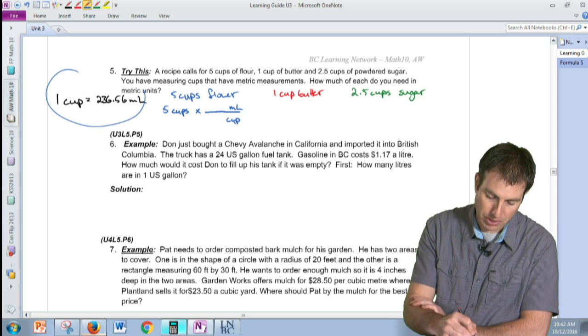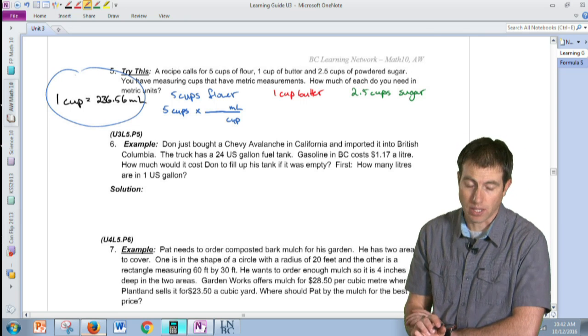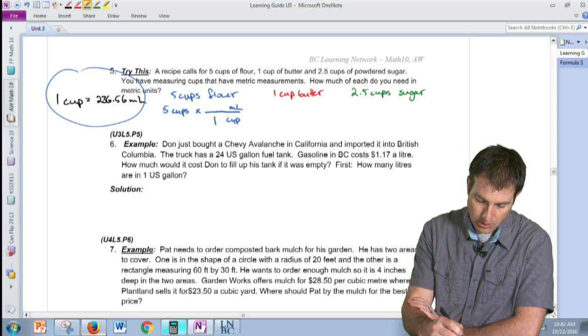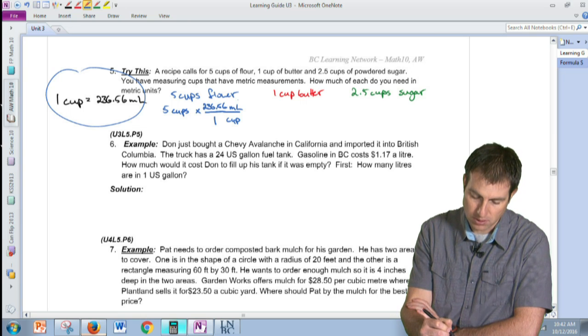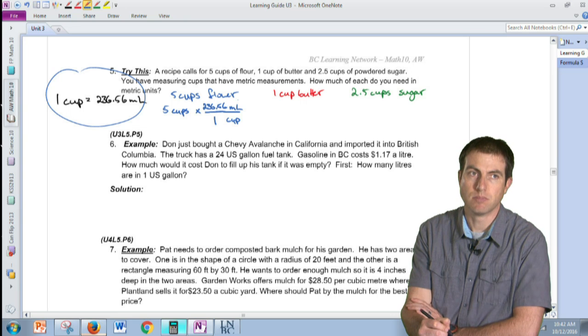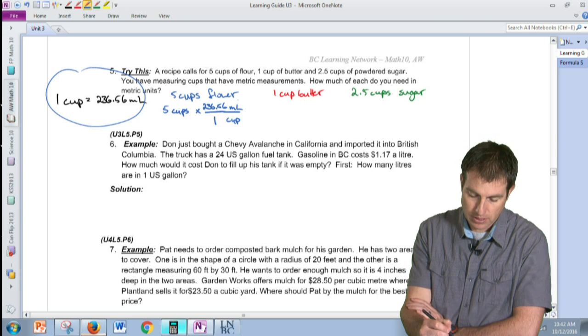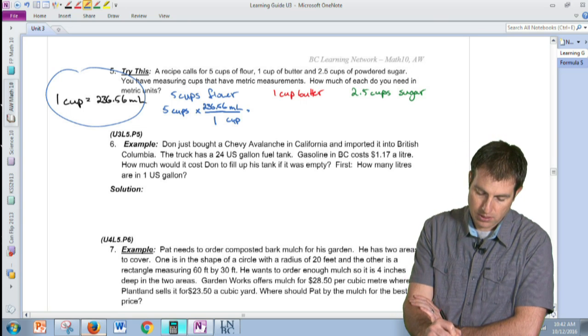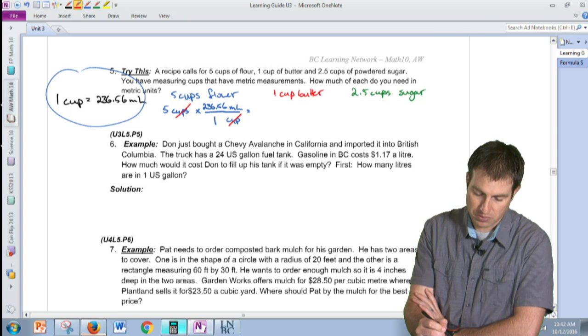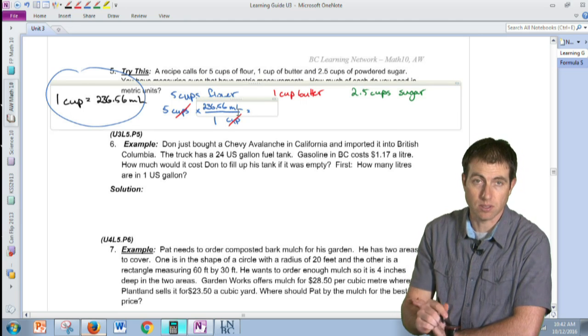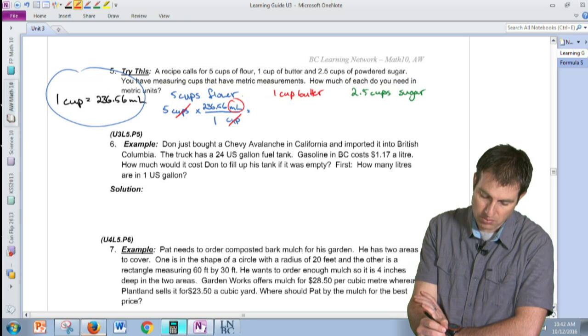And looking at my conversion here, I know that 1 cup is 236.56 milliliters. The reason I want to put cups on the bottom is because when I divide cups by cups, they cancel, and I'm left with units of milliliters.